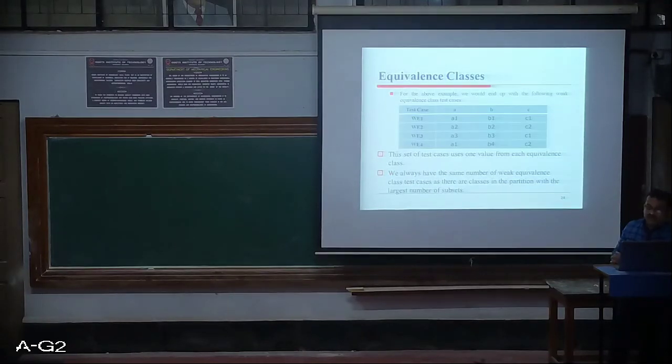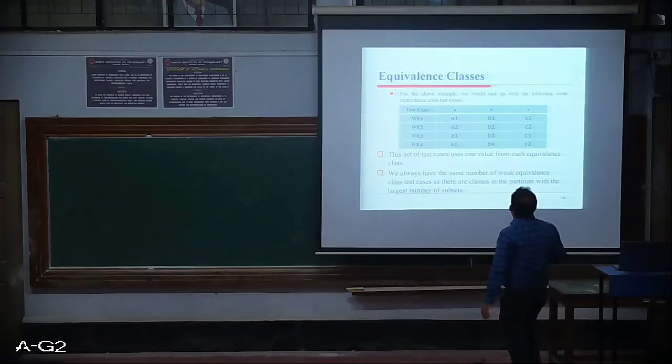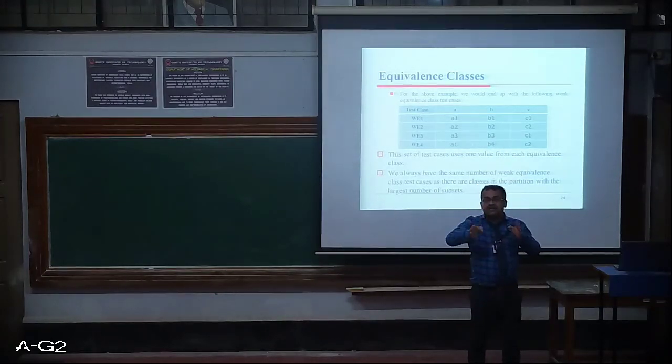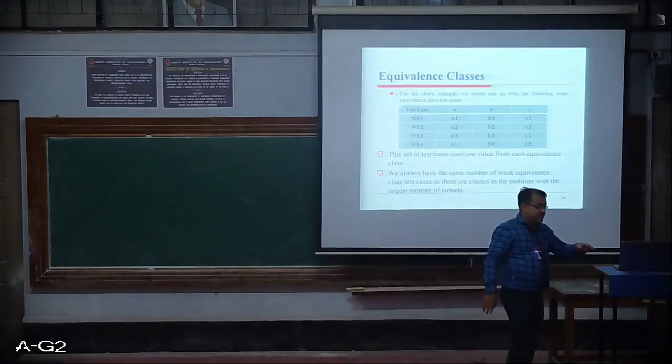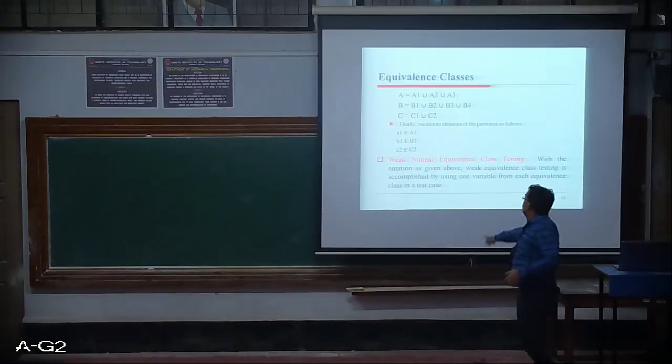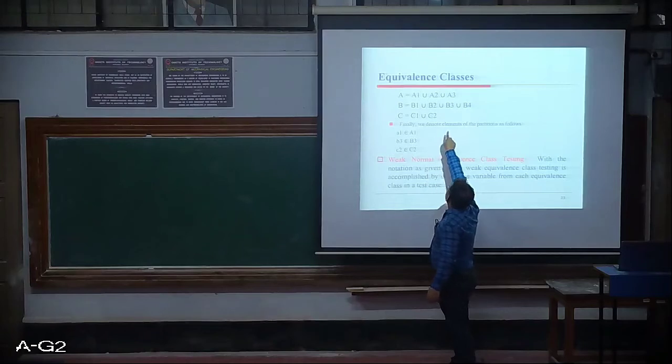In the previous case, we know that the B domain has 4 subsets. The largest number of subsets created is from the B set, because B has 4 partitions: B1, B2, B3, B4.